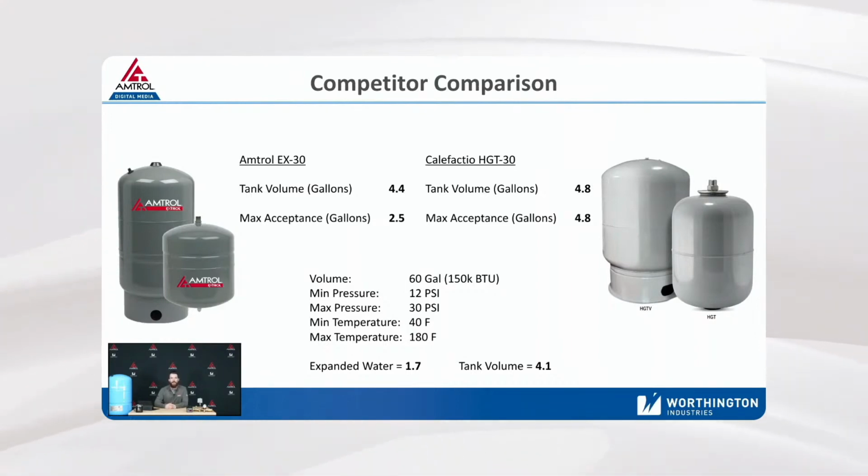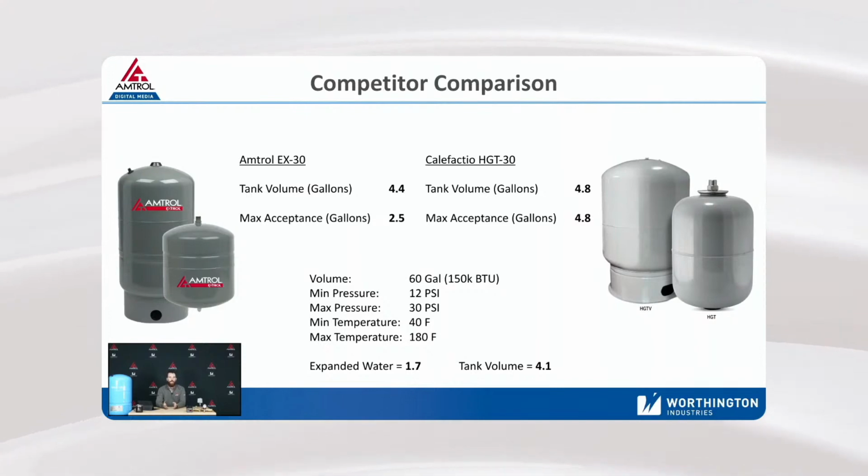But my average control system here, I'm going to do 150,000 BTU boiler. If there's other variables like baseboards, but if it's just your typical baseboards, things like that, you're approximately 60 gallons of volume in that tank, in that hydronic system. 12 psi fill, 30 psi relief, again very standard. 40 degree fill, 180 degree max temp.